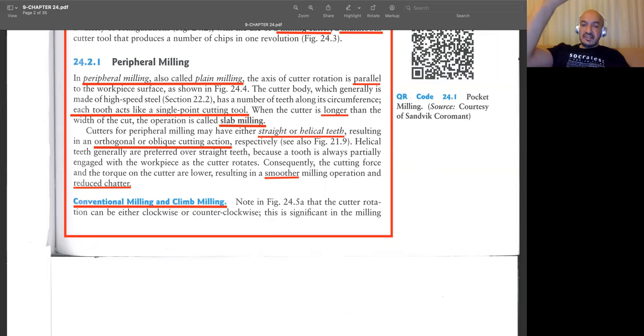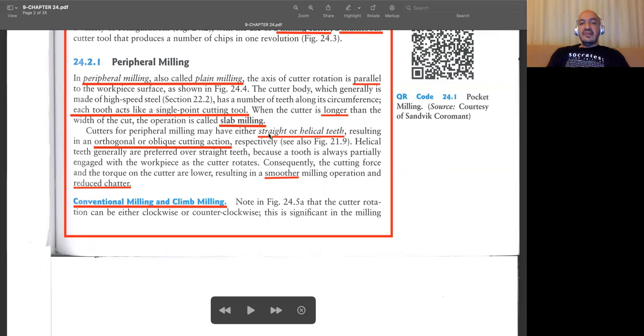We have straight teeth along the cutter, and the difference is that with straight milling cutters, we do orthogonal cutting, but with helical teeth, we do an oblique cutting operation. And most of the time, we prefer to use helical teeth, since with the help of them, at least one or two teeth are always in contact with the workpiece during the machining operation. But if you use straight type of milling cutters, then what will happen?